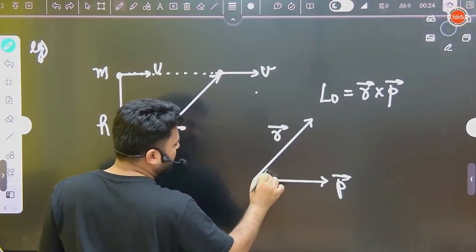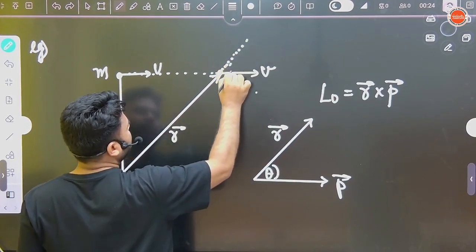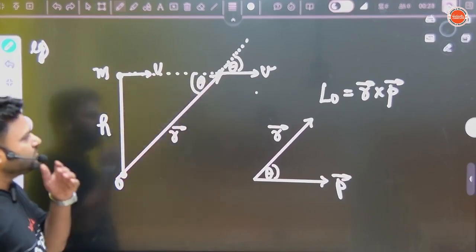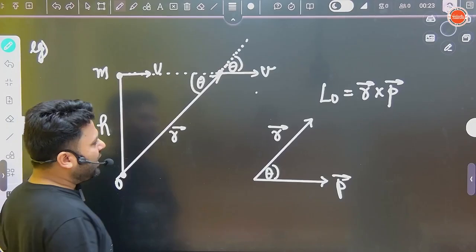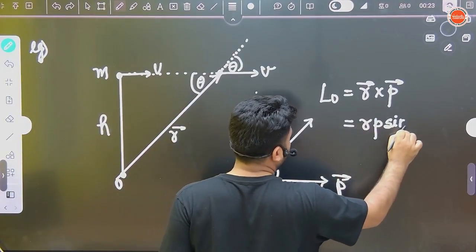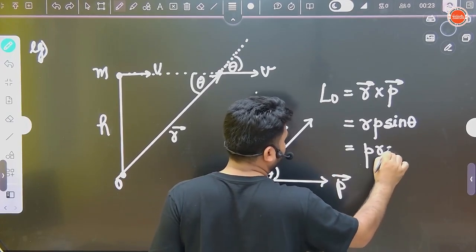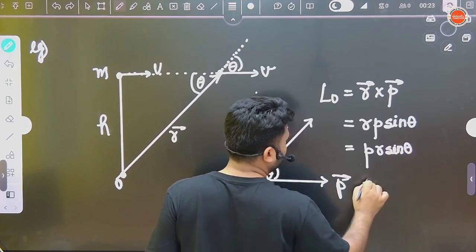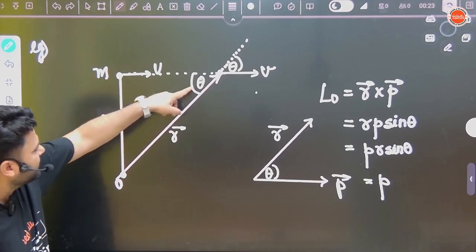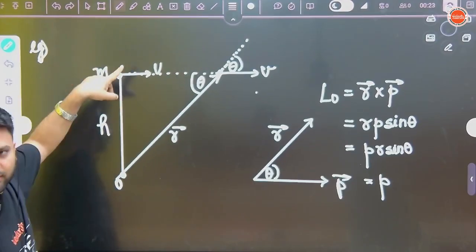So the angle between R and P is theta, this angle. If this is theta, this is also theta, vertically opposite angle. So R cross P, can I write RP sin theta? So can I write P into R sin theta? See, this is R, this is theta, this is R cos theta, and this distance is R sin theta.